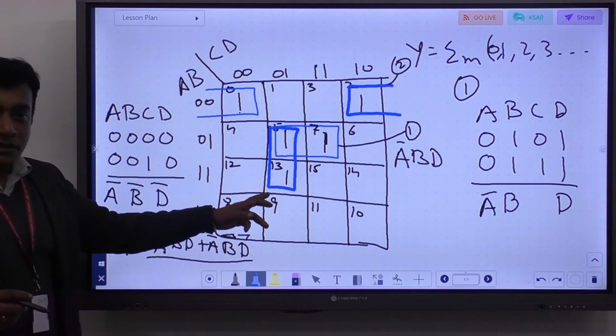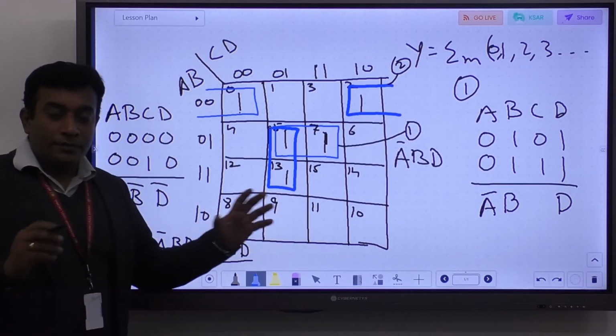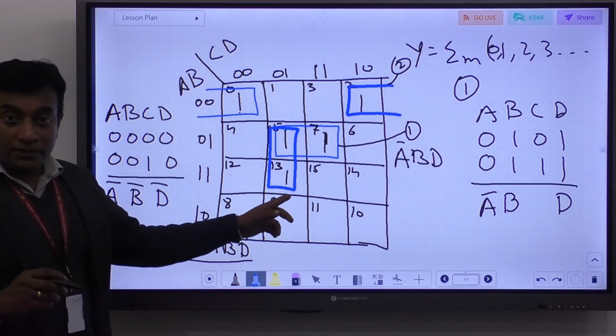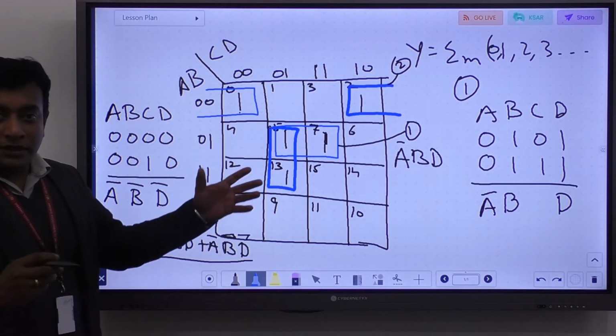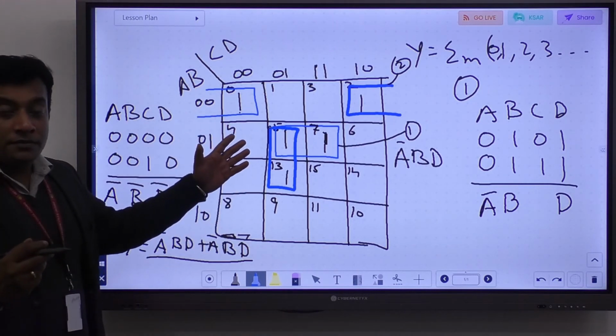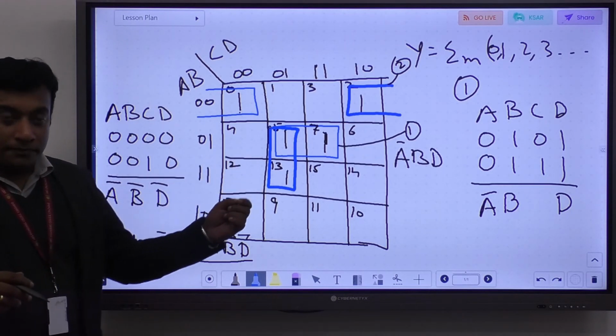If there is a pair, there will be 3 variables at the output. If it is a quad, that means 4 minterms clubbed together, there will be 2 variables at the output. And if it is an octet, 8 minterms clubbed together, then you will get a single output.